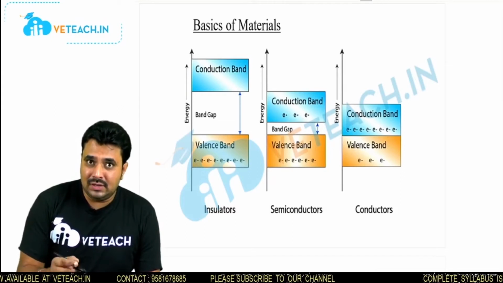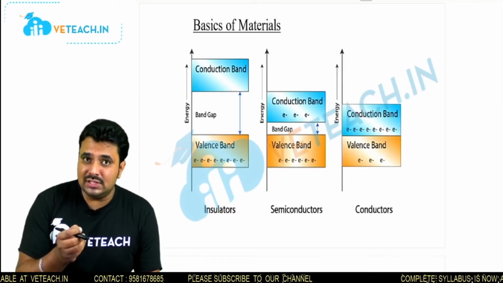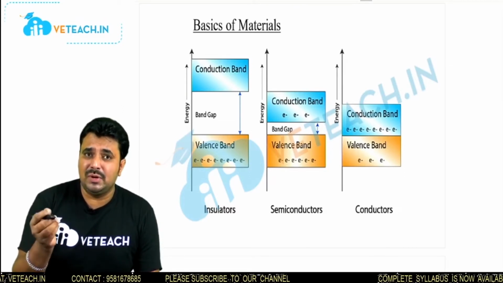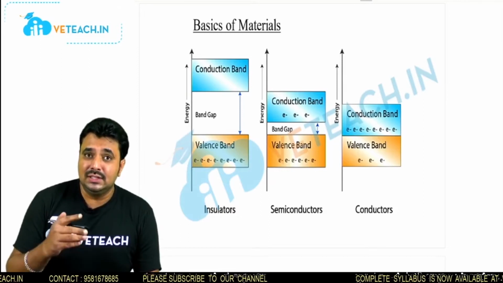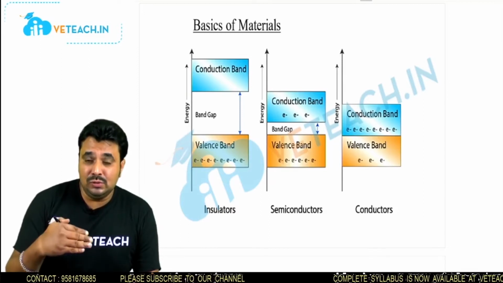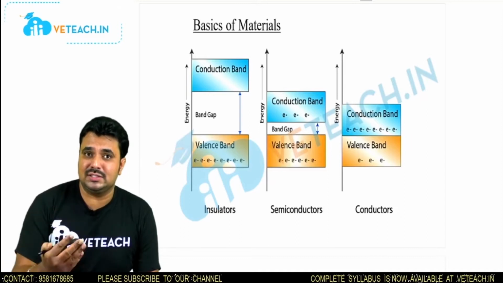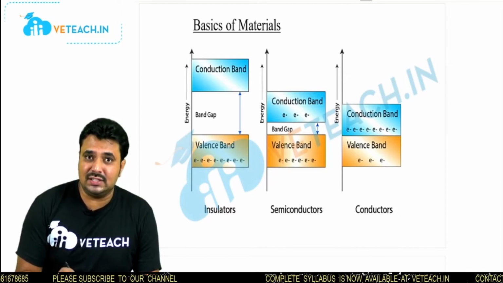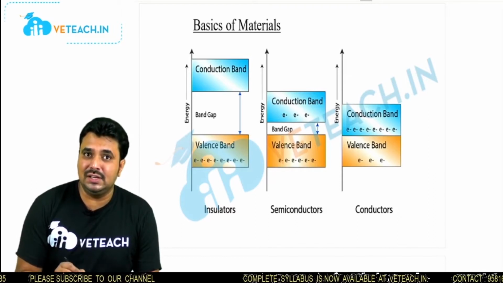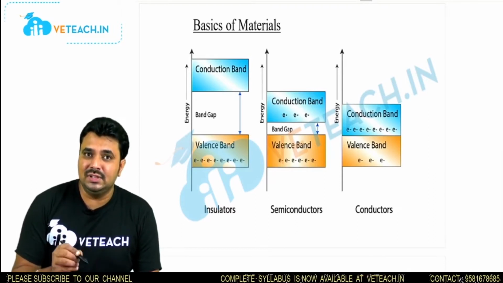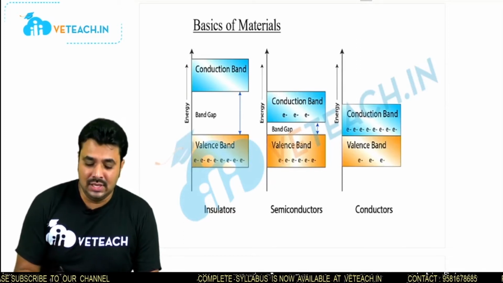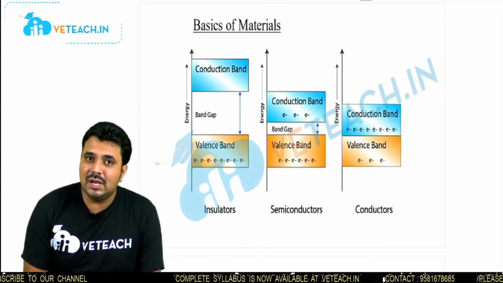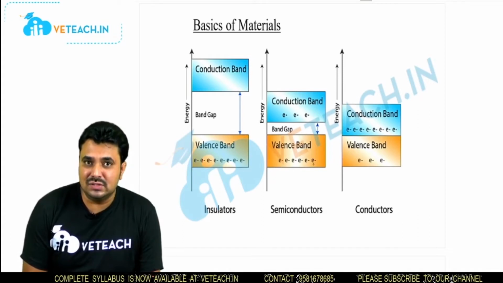But if you give some external voltage or external energy, it may be optical energy or thermal energy, then the electrons will be able to pass from the valence band to the conduction band. Already I said that whenever the conduction band has electrons, we can say that material is acting as a conductor, allowing electricity through it.